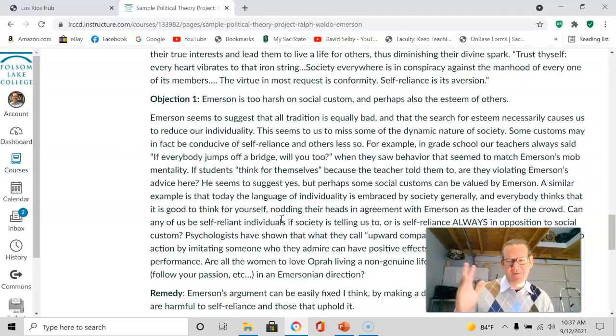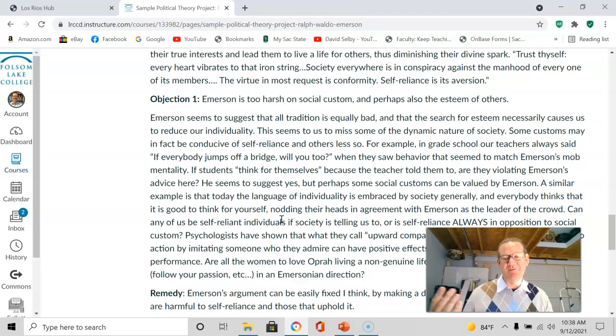I don't know. Now we're in this kind of funny space. Well, maybe there's some elements of social custom or even acting out of the desire to be seen as favorable by others that can actually be conducive to individuality. I mean, look at musicians, right? Great, someone like Jimi Hendrix, wow, he's an amazing musician, but he also wants to be up there on stage with people loving him and adoring him and being amazed at his musicianship.